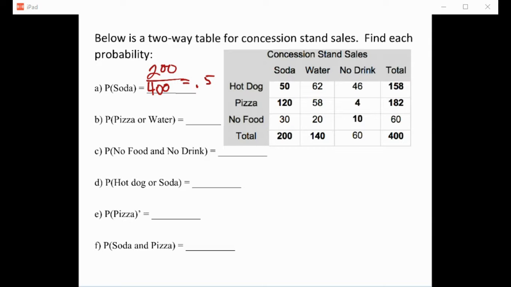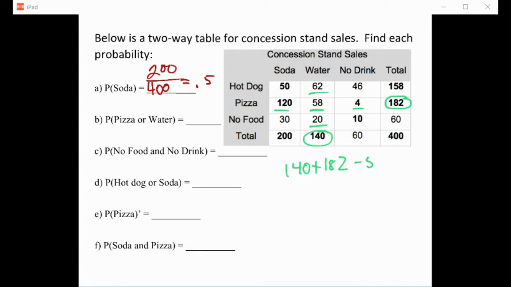Now, when it says or, that's where it can get kind of weird. So with pizza or water, you would want to take the total for pizza and the total for water and add them together. But the pizza was 120 plus 58 plus 4. The water was 62 plus 58 plus 20. So if you just take the totals, you have essentially added 58 twice.